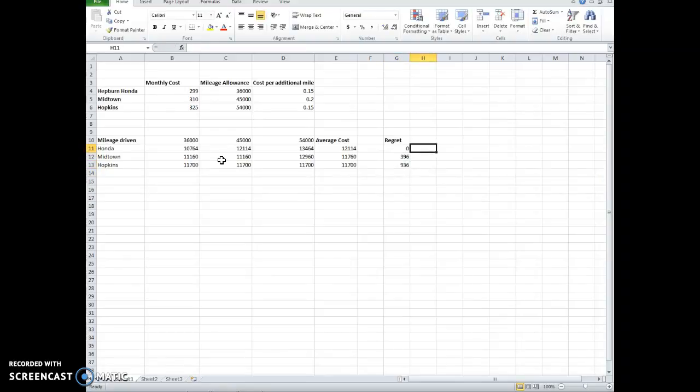So the best possible price in the second scenario, 45,000 miles driven, in the life of the lease would be 12,114 minus the best case, which is the 11,160. And then 0 regret there because it's the smallest, and then 12,114 minus 11,700.